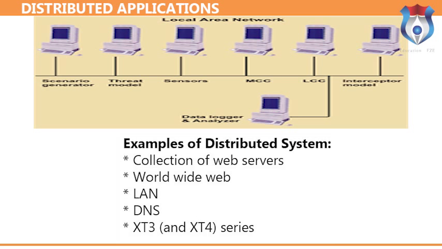Examples of distributed systems: a collection of web servers, the World Wide Web, LAN, DNS, and the XT3 and XT4 series of parallel computers by Cray. These are high-performance machines consisting of a collection of computing nodes that are linked by a high-speed, low-latency network.